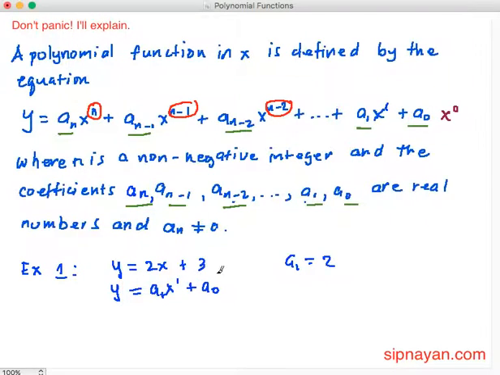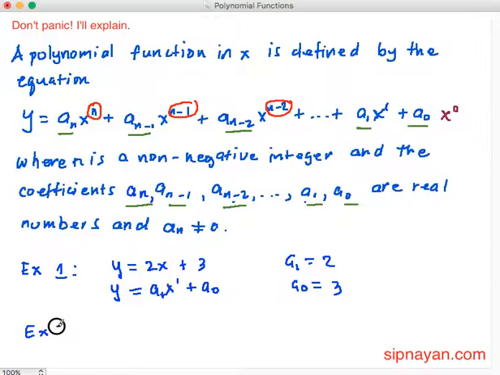And then yung a sub 0 natin ay positive 3. Nagigets ninyo? So these are just numbers. And of course, yung exponent natin dito is 1. So we are just having this term. This is a linear function.